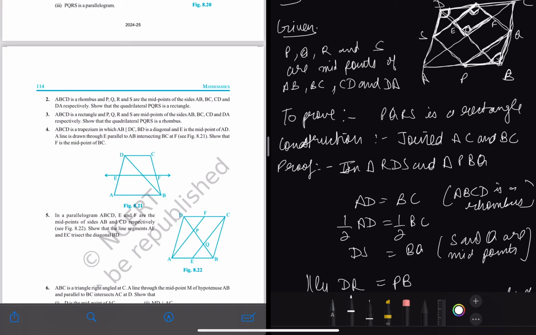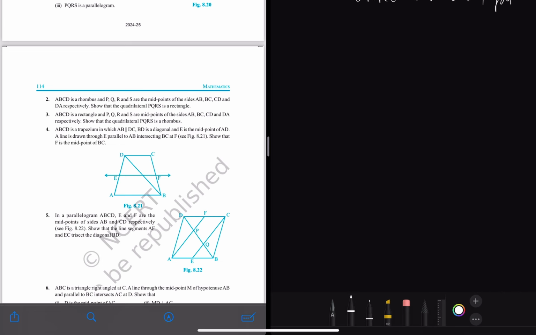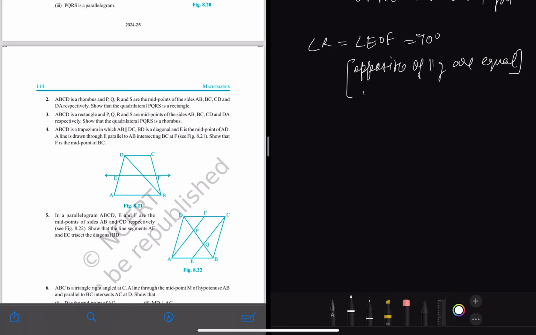So I hope it's clear that they are equal, because opposite angles of a parallelogram are equal, and diagonals of a rhombus intersect at 90 degrees. Thus PQRS is a rectangle.